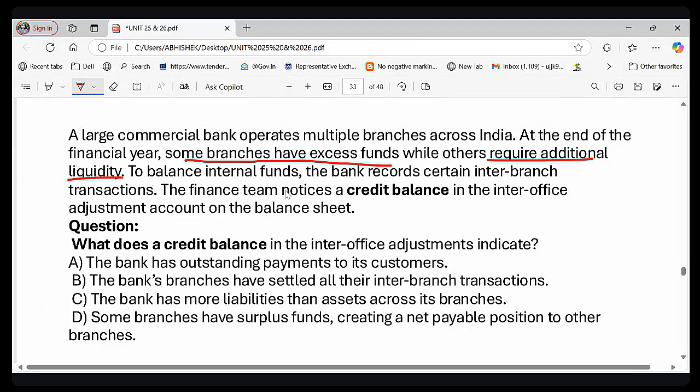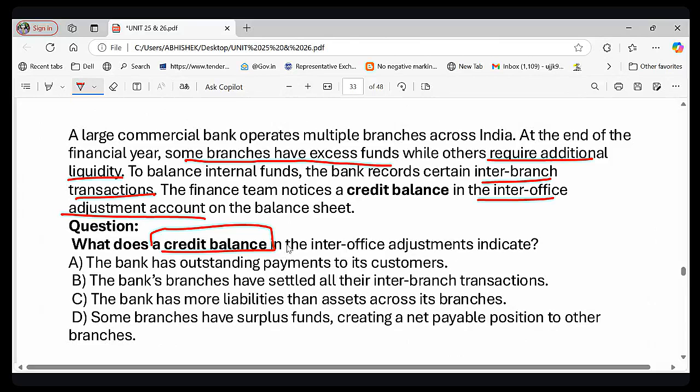To balance the fund, the bank records inter-branch transactions under the inter-office adjustment account. But here is the catch. You spot a credit balance in this particular inter-office adjustment account on the balance sheet.